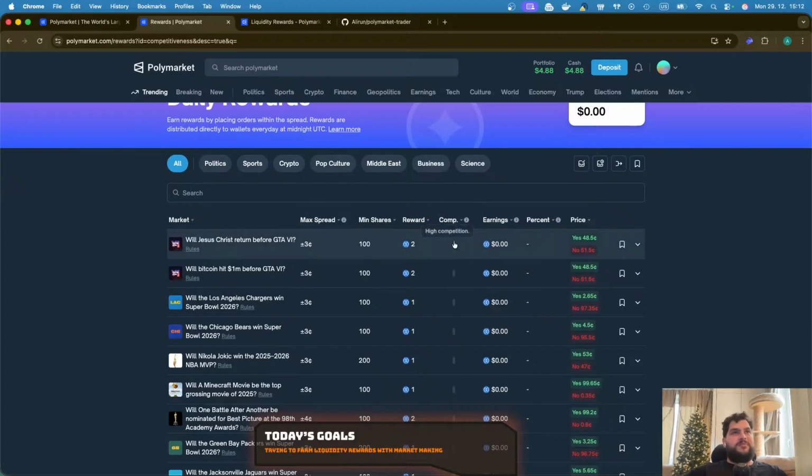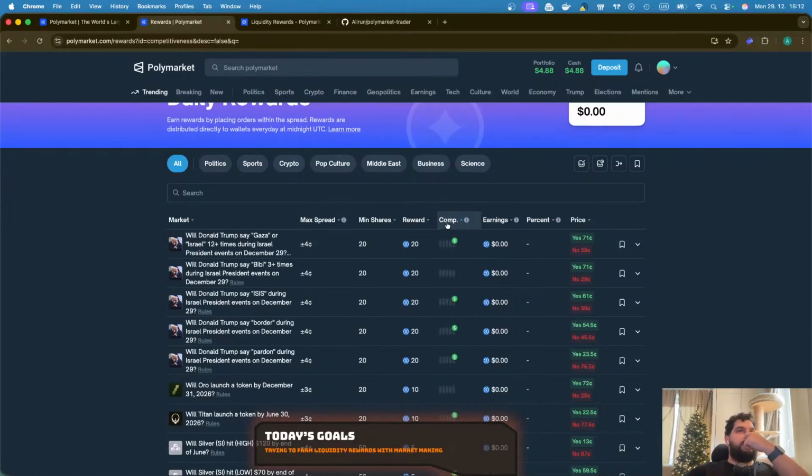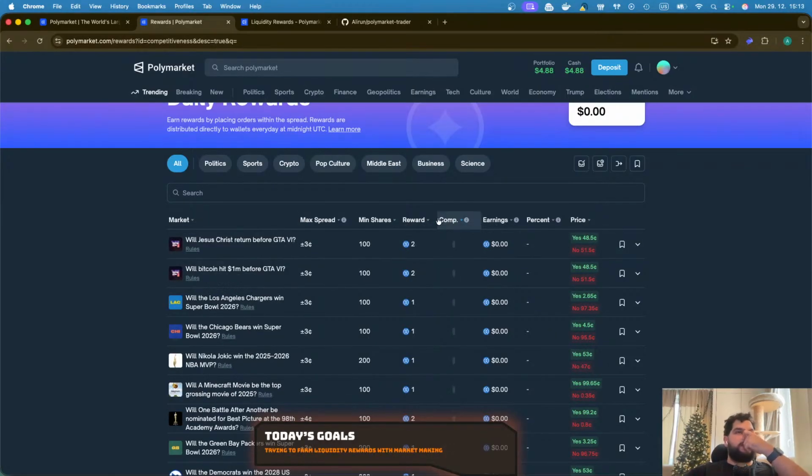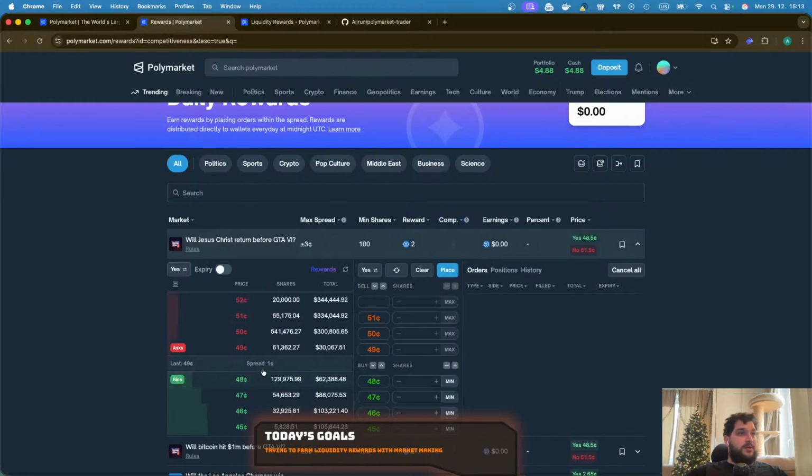So maybe it wasn't a good idea to look at the less competitive markets; maybe for the example we need to look at the most competitive markets, like this one. You can see: will Jesus Christ return before GTA 6? Interesting market. Minimum shares 100 and the max spread is 3 cents. I guess this should mean that there is a 3-cent maximum gap in the spread.